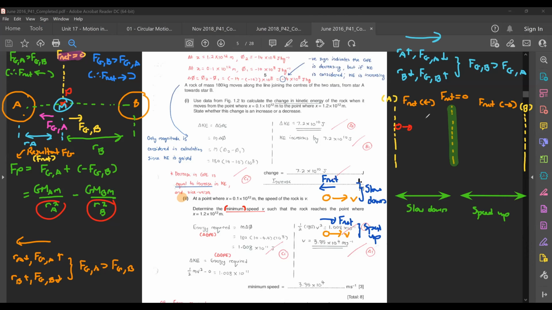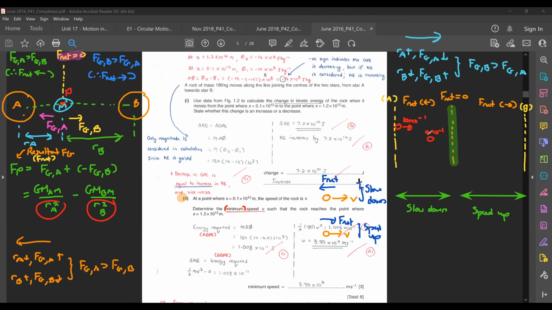Let's just say, for example, I project it at 10 meters per second. I know that the object will slow down to 0. But what if it slows down to 0 right over here, 0 meters per second? My object moves until this point and is slowed down to 0.